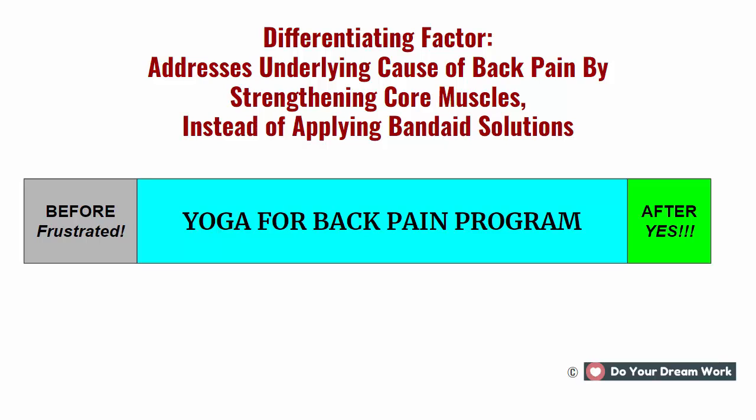Since this program is a set of yoga routines, it strengthens a person's core abdominal muscles and takes the stress off of their back muscles. So this addresses the underlying cause and relieves back pain for good, instead of applying band-aid solutions like prescription pain meds or just doing massage therapy, for example.